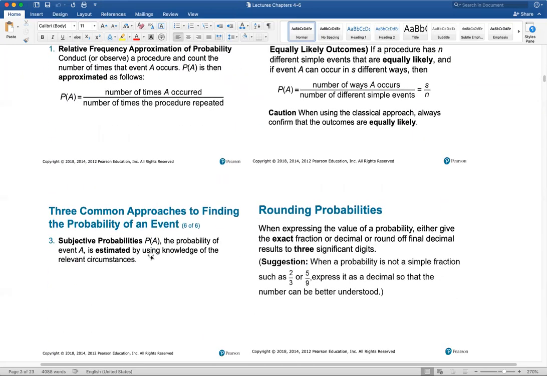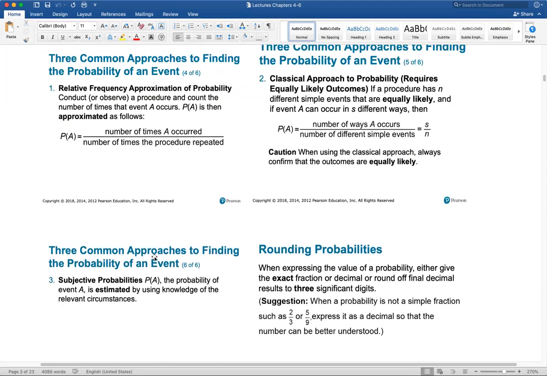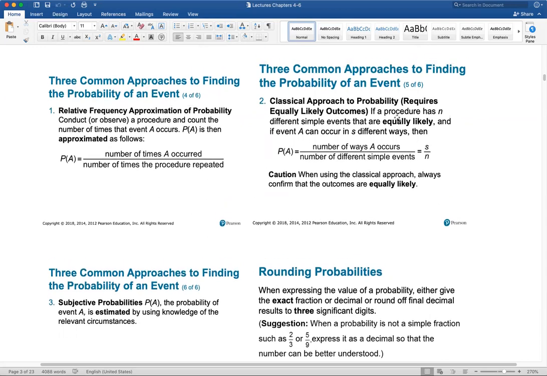By the way, in the classical approach to probability, we assume that when using the classical approach, we always confirm that the outcomes are equally likely. For example, when you roll a die, we assume that each outcome is equally likely, right? Let's keep this in mind.